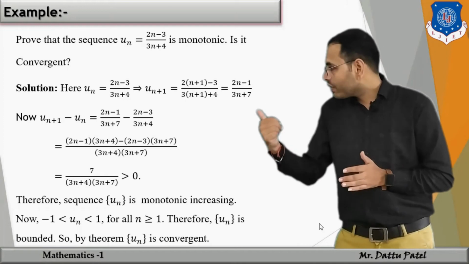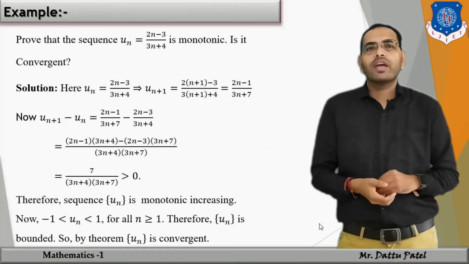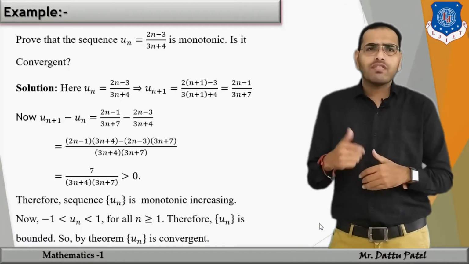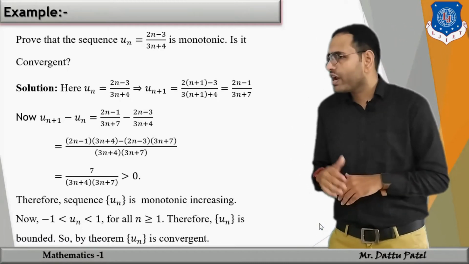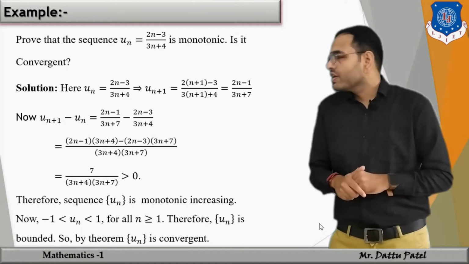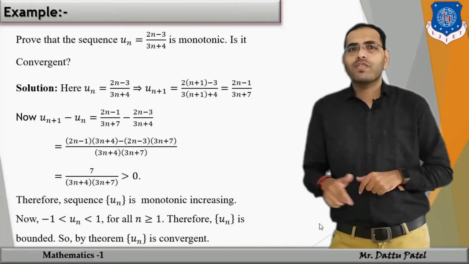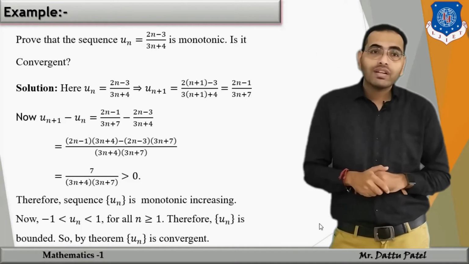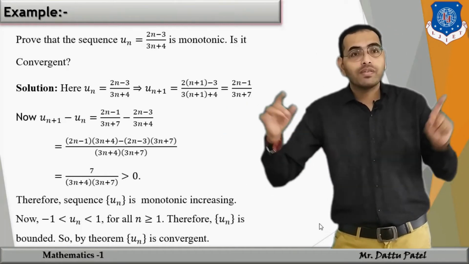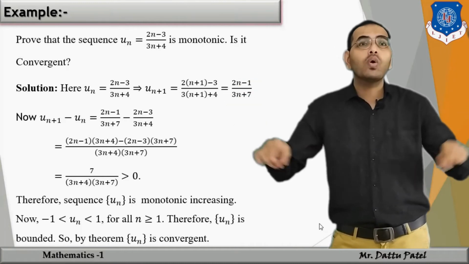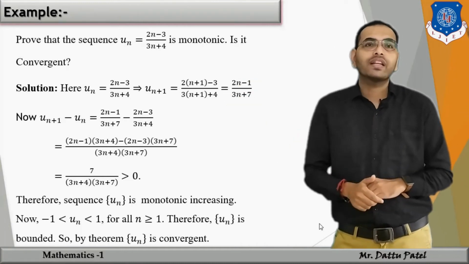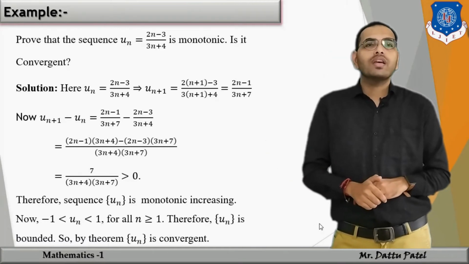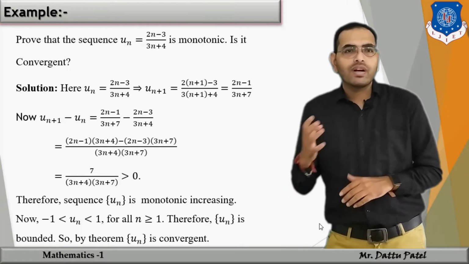Therefore our sequence u_n is a monotonic sequence. Now in this sequence, substituting the values n equal to 1, 2, 3, 4 and so on, we get that it lies between minus 1 less than u_n less than 1. Whatever the sequence values, they lie inside the bracket minus 1 to 1 for all n greater than or equal to 1. Therefore we can say that u_n is a bounded sequence.